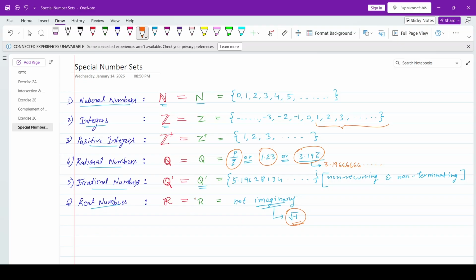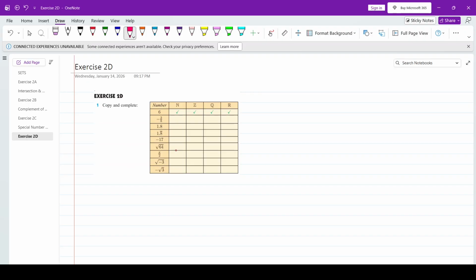So let's move on to exercise 2D and solve some questions. Now first question says copy and complete. So there are certain numbers, we have to tell whether they are part of this set of natural numbers, integers, rational numbers and real numbers.